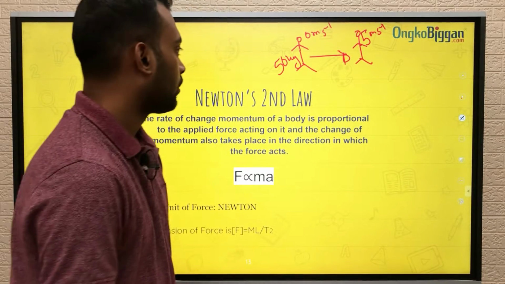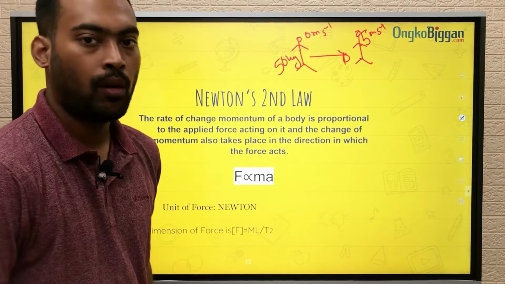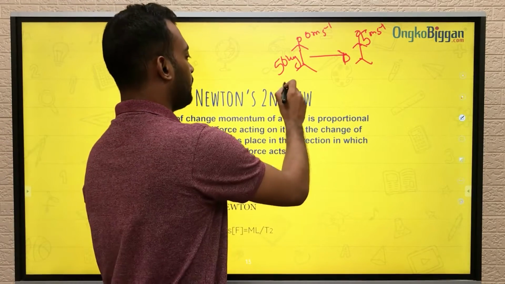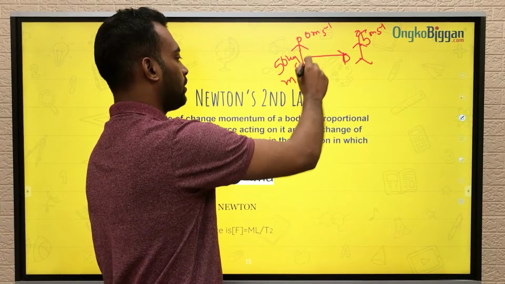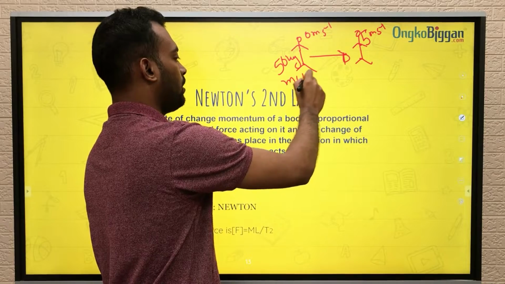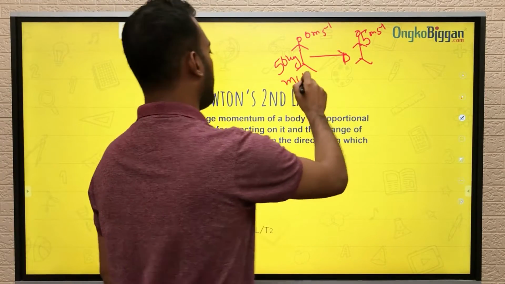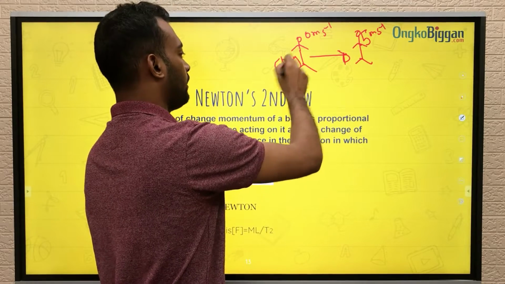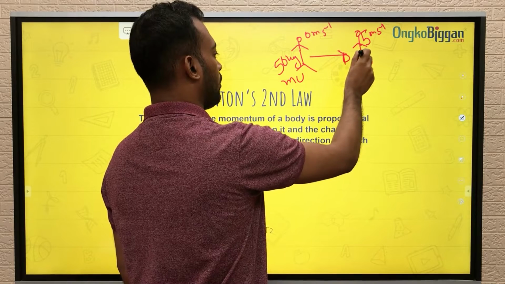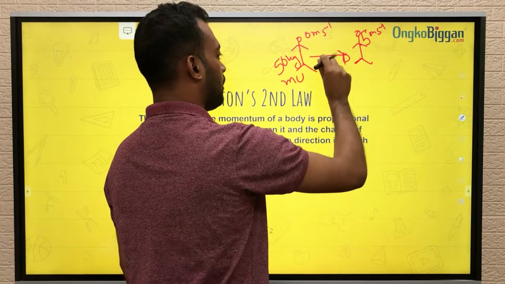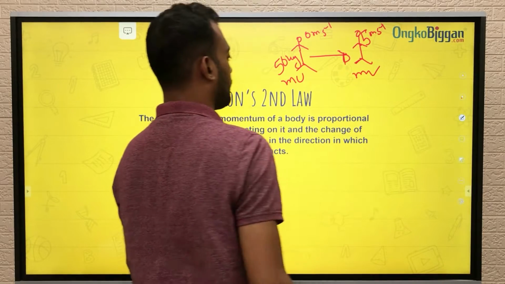Mass does not change. So at this position, what was its momentum? We know that momentum is mv. This was its initial speed, which was 0, so I can say mu, u as in initial velocity. So mu is the momentum at this stage, and after running with 5 meter per second velocity, its momentum becomes mv.